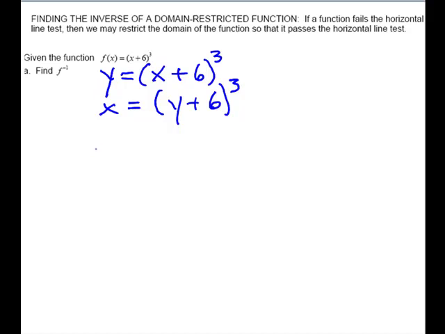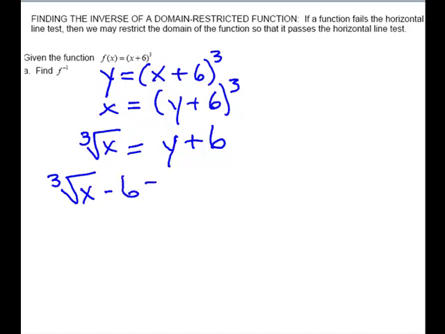Doing a cube root does not cause you to have to do plus and minus. Cube root here will cancel the 3. And then you have to subtract your 6. Now be careful here, it's going to be outside your radical. Right. And so that is our f inverse.